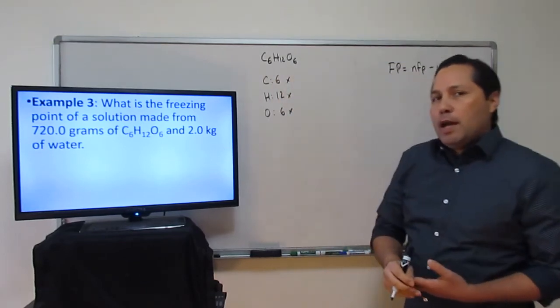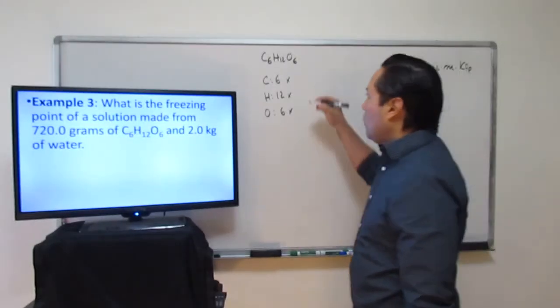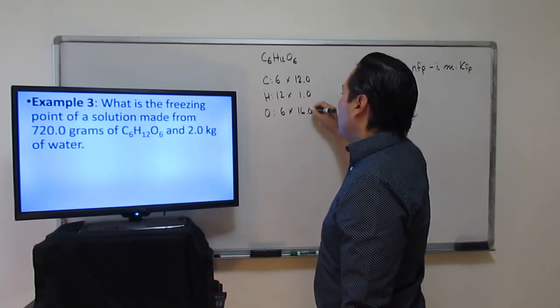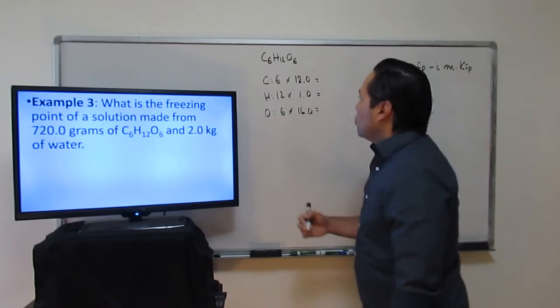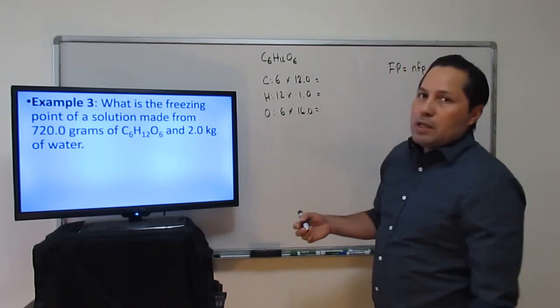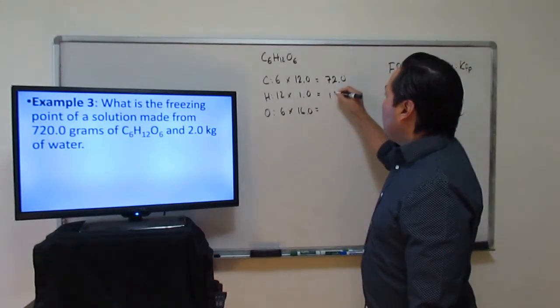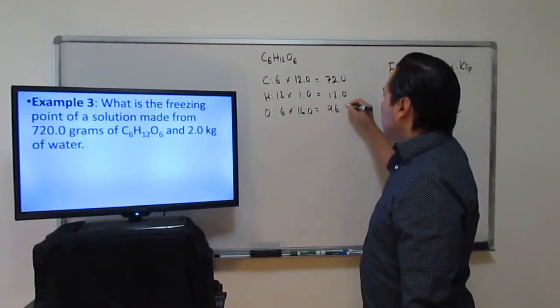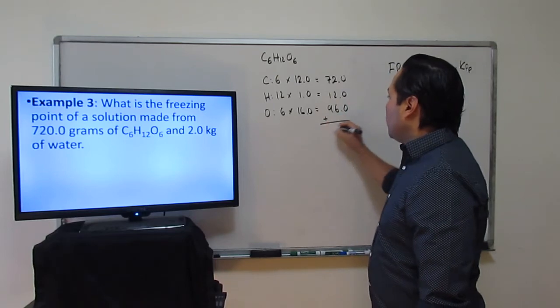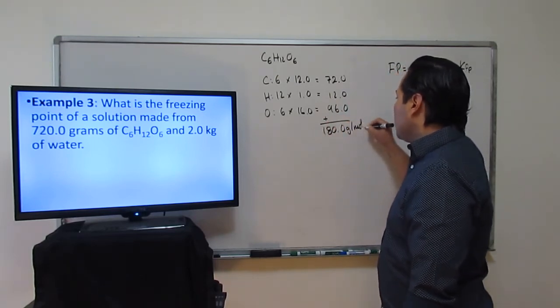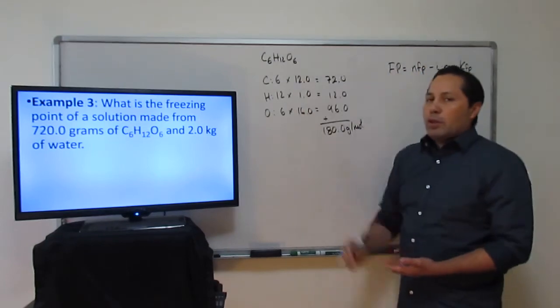Now we're going to multiply times their mass from the periodic table. Carbon is 12.0, 1.0 for hydrogen, and 16.0 for oxygen. So we multiply. We have 6 times 12. It's going to give us 72, 12, and 96 for a grand total of 180 grams per mole. So that's my molar mass of the glucose.